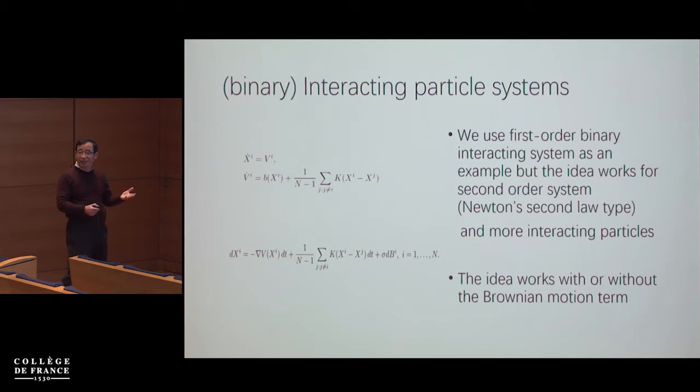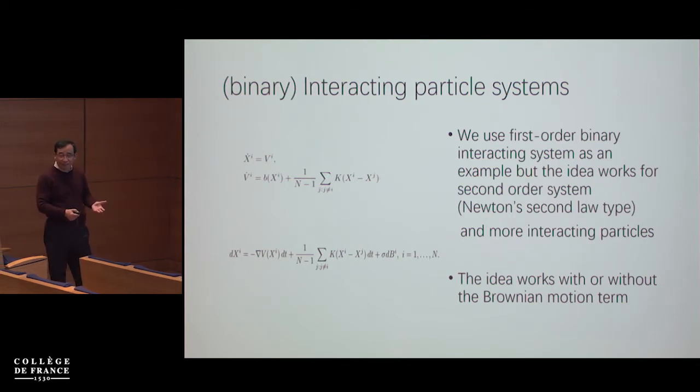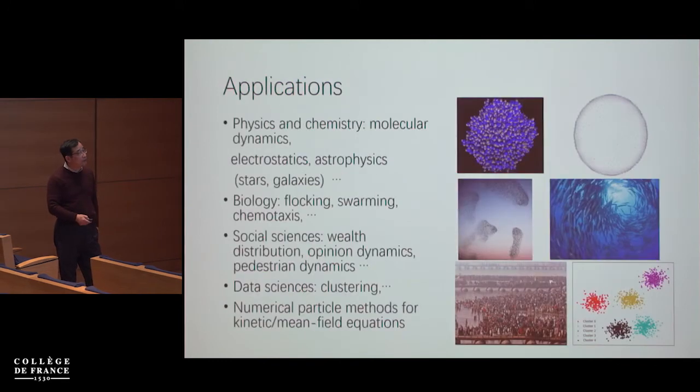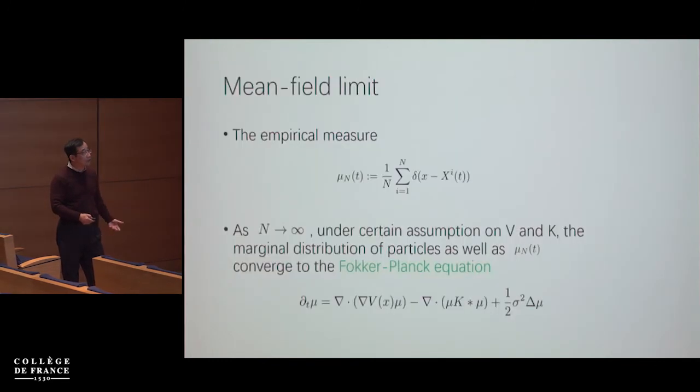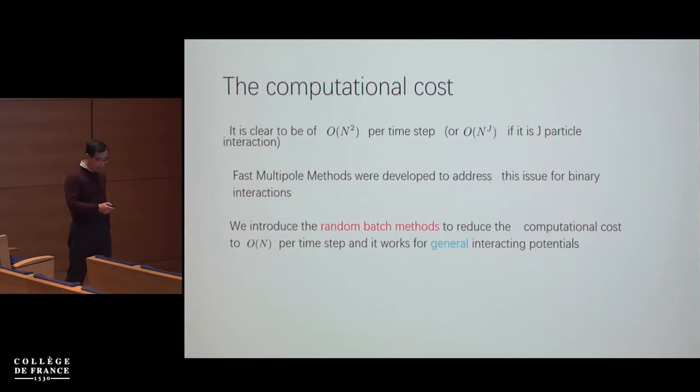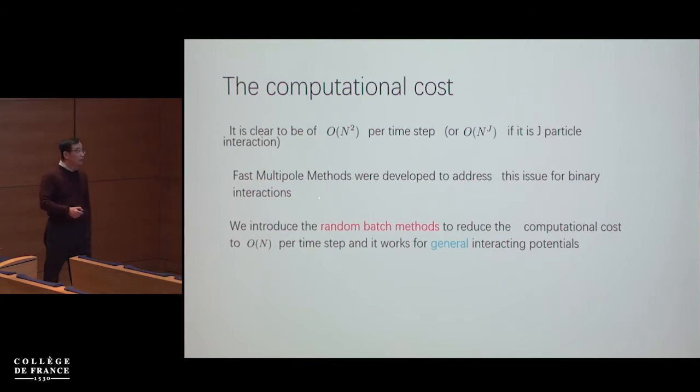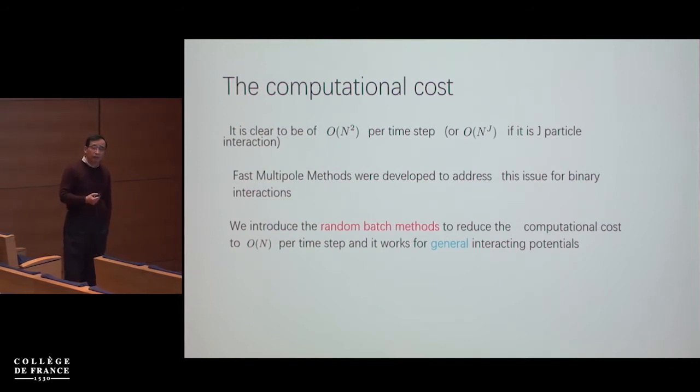So when n is like 10 to the 20, n squared is simply too much for us to handle. The size of the problem is simply too much. Of course, there are a lot of classical numerical methods developed to address this issue. You cannot afford n squared, so what you can afford is usually n log n or even order n.